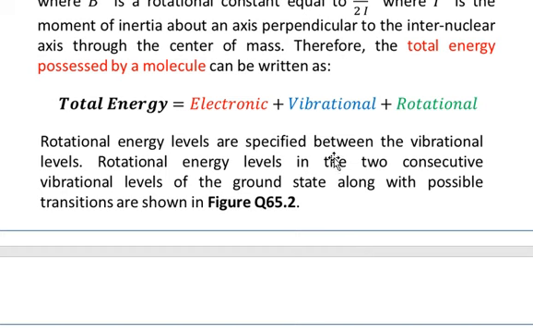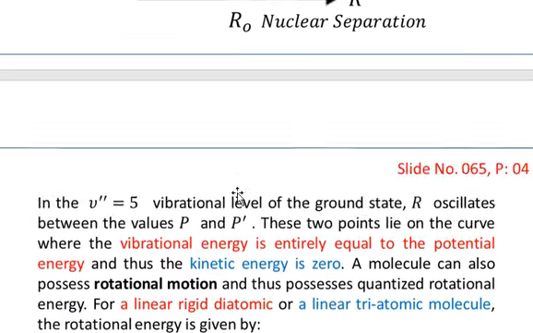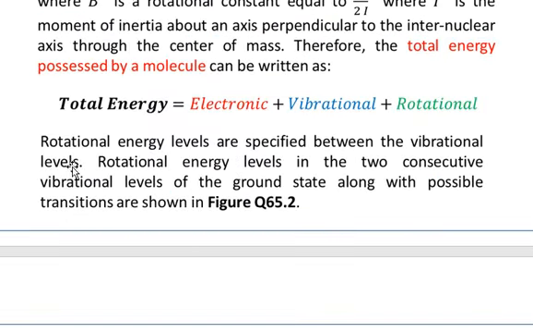Rotational energy levels are specified between the vibrational levels, that is, between two vibrational levels many rotational levels can exist. You see that these horizontal bars within the potential energy curve are the vibrational levels, and between two consecutive vibrational levels there could exist many rotational levels.